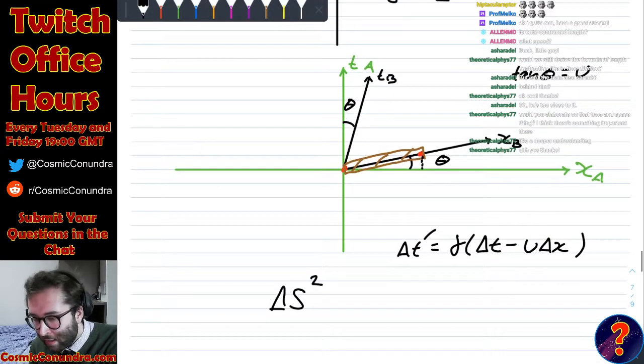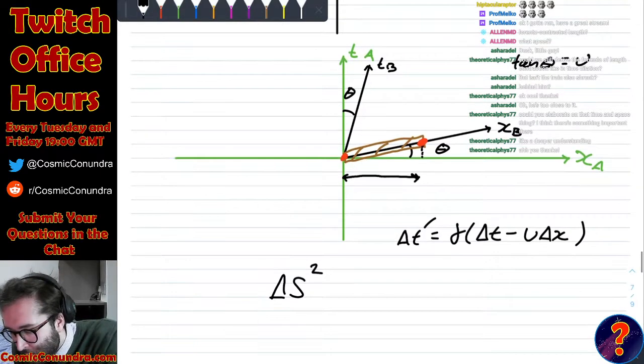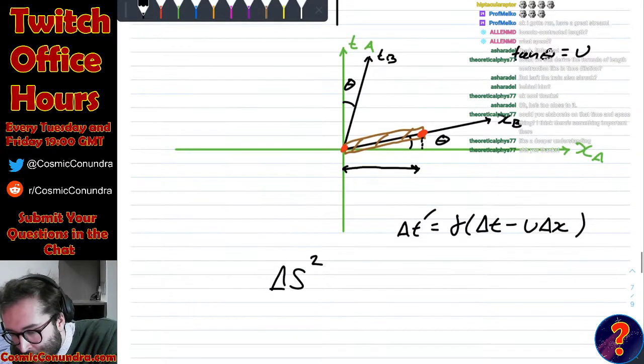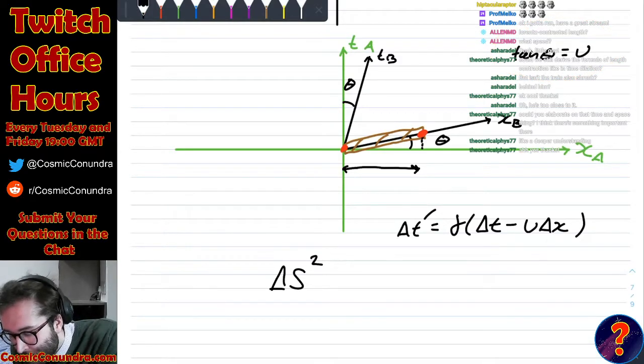So let's do that. We need to find the temporal and the spatial distance between these two points here. So we have that tan theta is equal to v.